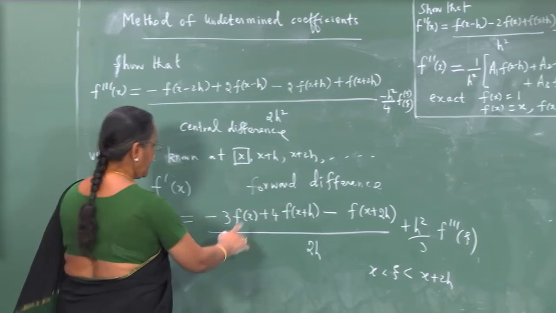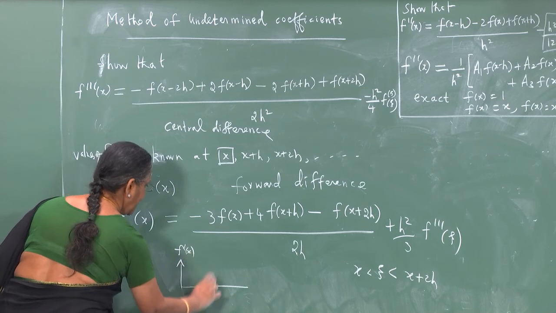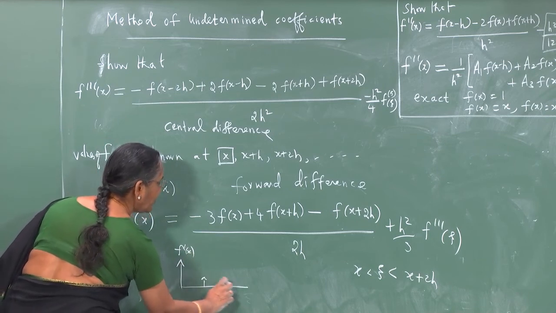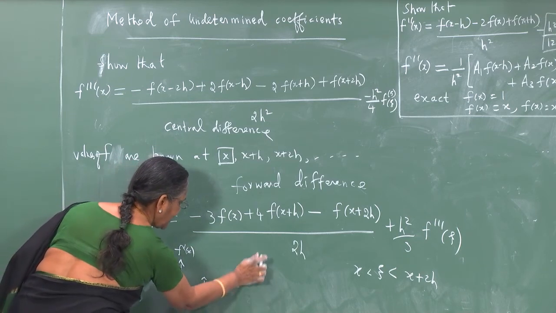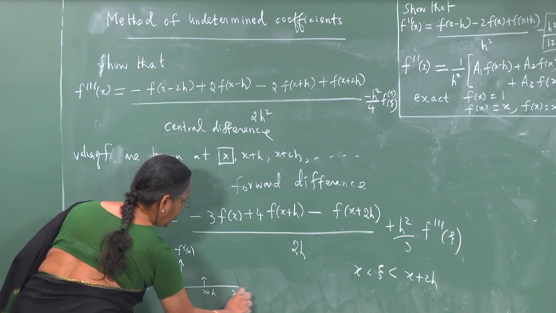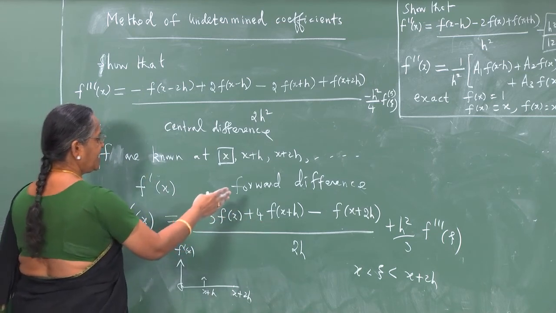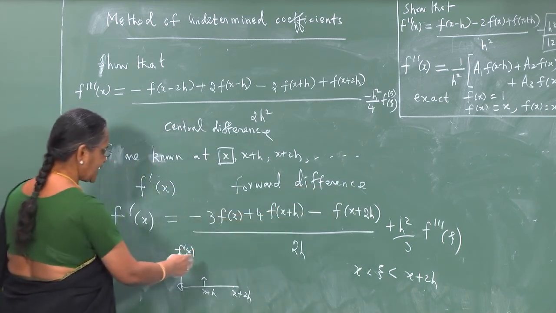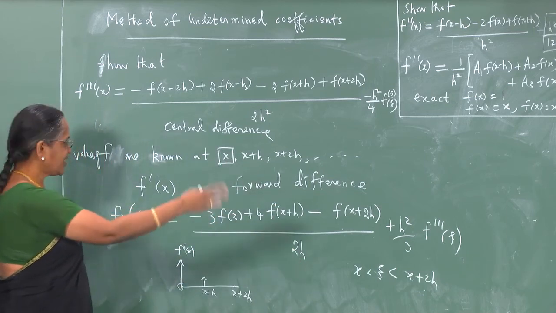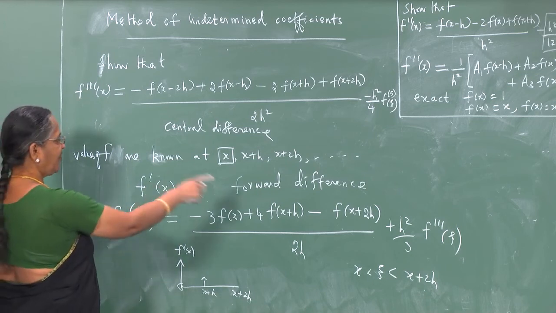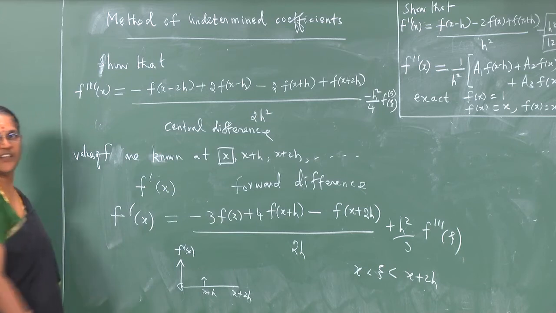So, you observe that the derivative at this end point is required, and it is given in terms of the function values at x plus h and x plus 2h. So, it involves the function values that lie to the right of x. So, it is called a forward difference approximation to the derivative f dash of x.